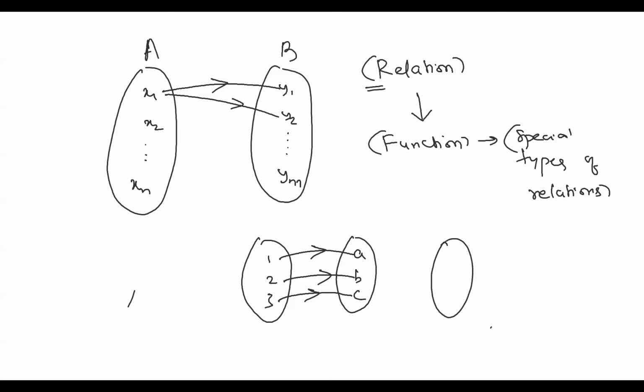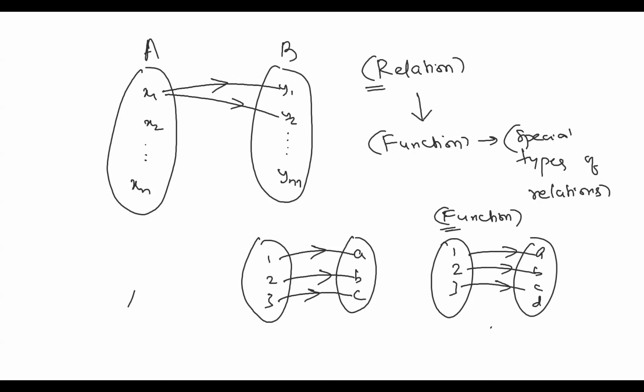Similarly, if I take 1, 2, 3, A, B, C, D, 1 is related to A, 2 is related to B, 3 is related to C, but D does not have any pre-image. Can I call this a function? It is a function. For a function, the important point is you should only concentrate on set A. In set A, every element should be associated only with one element in set B.